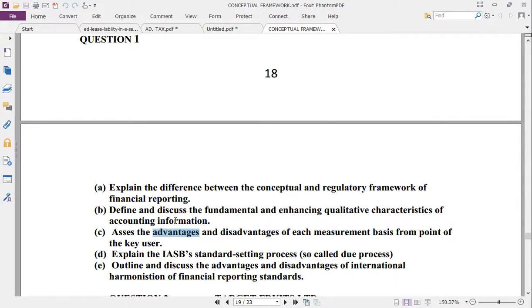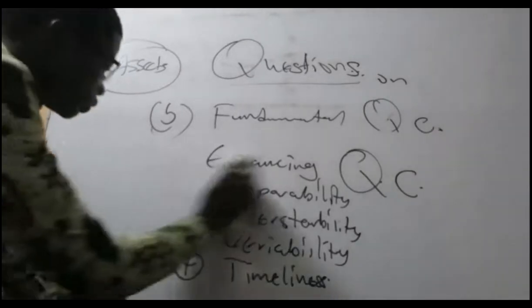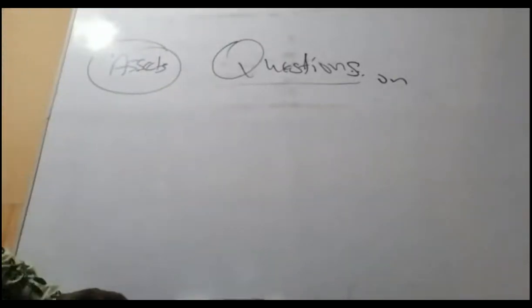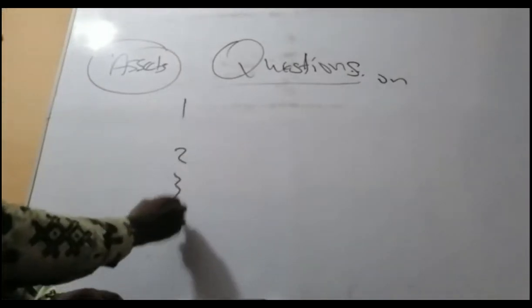Okay, so what are the measurement bases? The measurement bases are four in number: 1, 2, 3, 4.